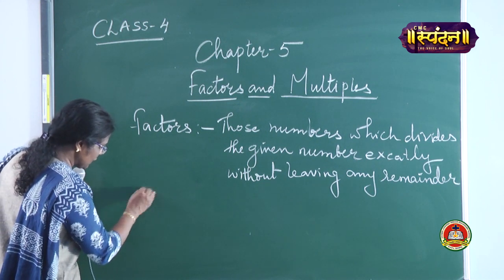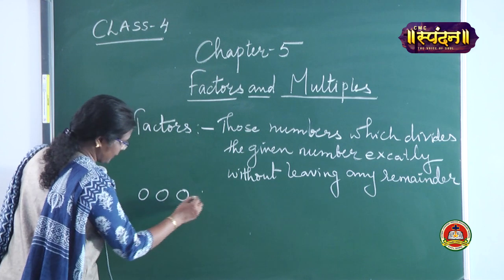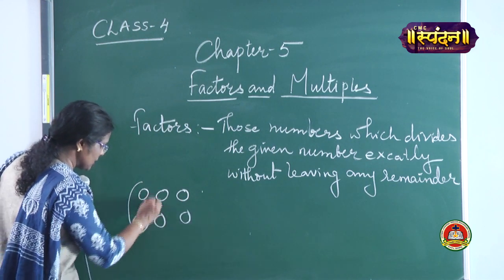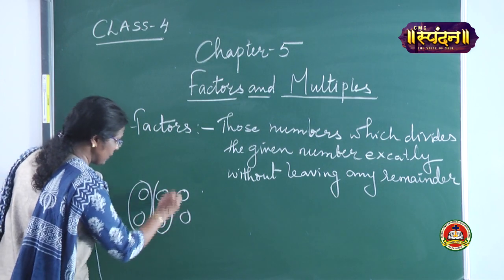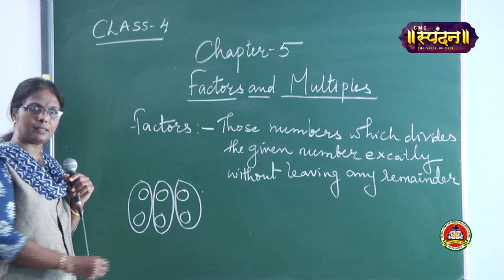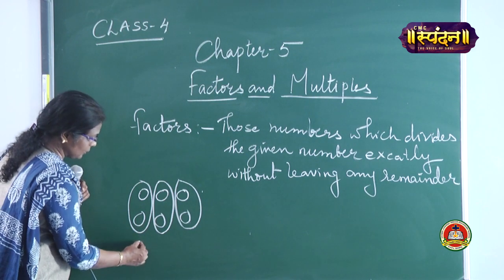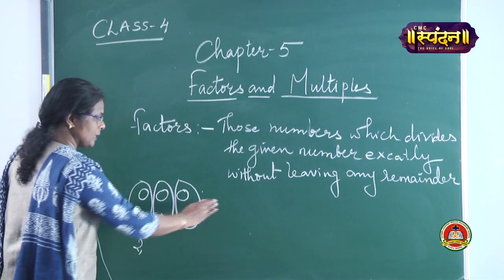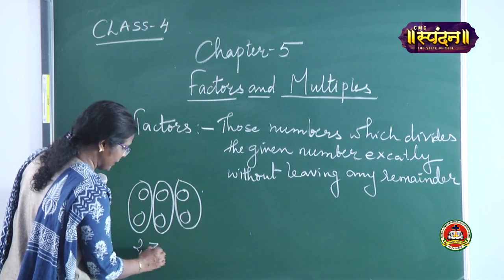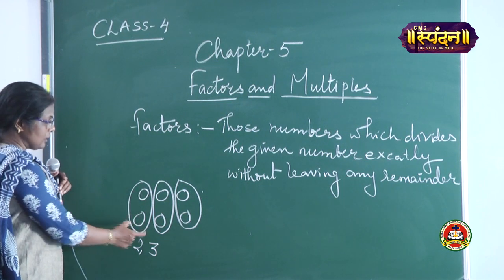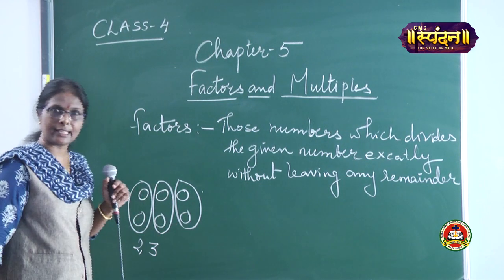If 6 flowers are there, 1, 2, 3, 4, 5, 6, I have arranged 3 bunches of 2 flowers. That means nothing is left out. Here 2 and 3 we have seen. I can arrange the flowers, 2 flowers in a bunch, and no flower is left out.